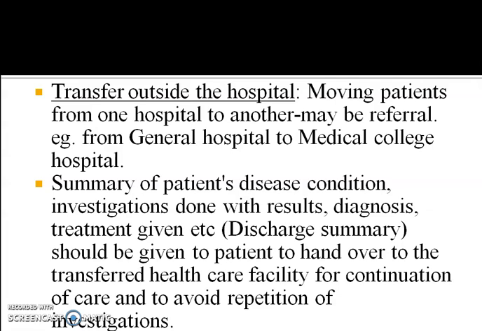We are shifting the patient from the particular hospital to another hospital. One thing you keep in mind is that when we are transferring a patient like that, we need to give all the investigations done, what all tests have been done, all the results, and what all treatment the patient had undergone. These details should be given as the discharge summary when the patient is transferred out from the hospital.